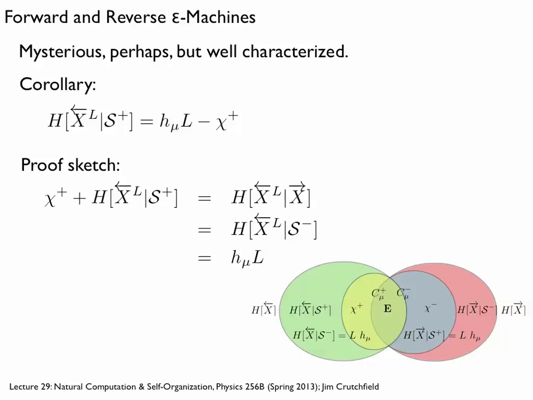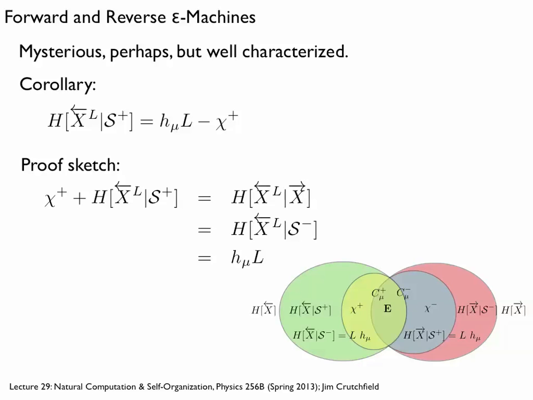So basically, this is just relating the crypticity to how this other piece scales. So we're trying to figure out what's going on out here. Well, we've already defined this, and we know that both of them together go L h mu. So it's just simple arithmetic to show that.